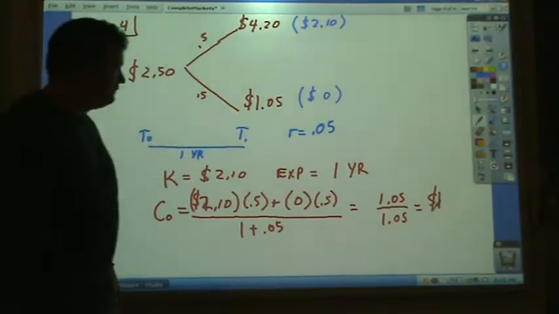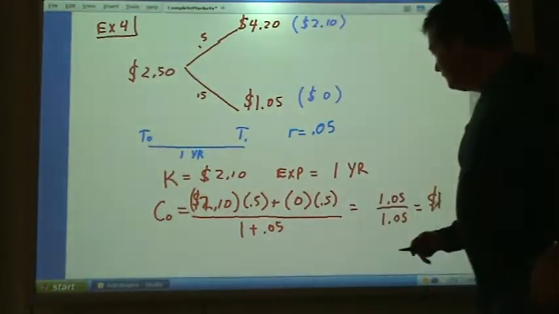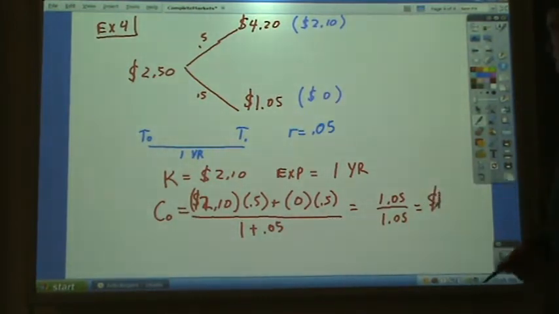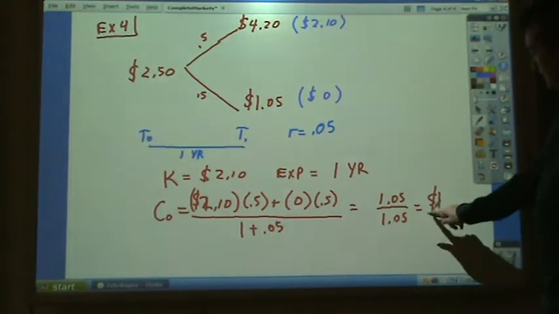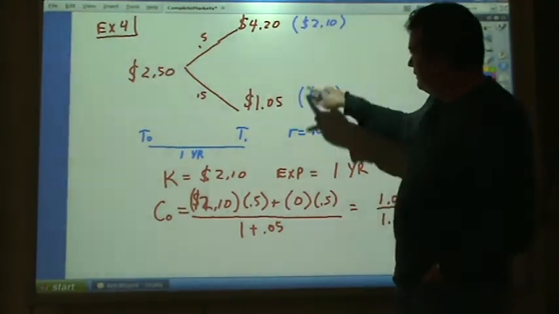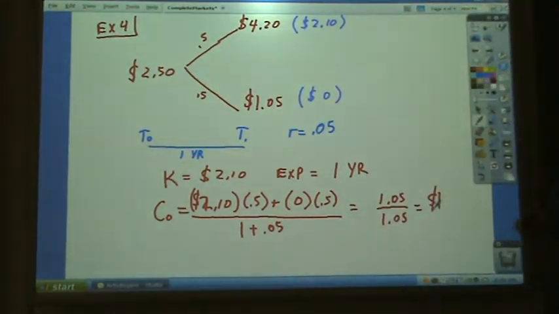And there's an interest rate of 5%. So $1.05 a year from today is the same as $1 today. So you would pay $1 today as the fair price for this option that has these probabilities and therefore these payouts.